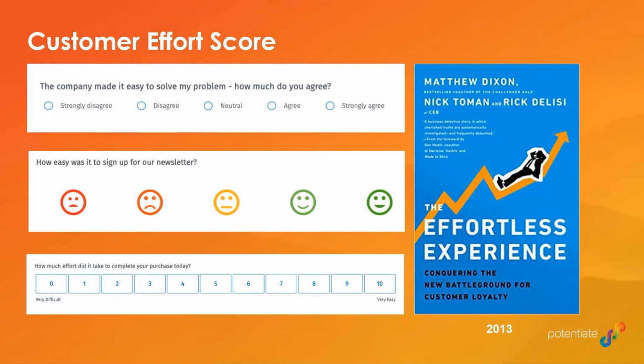And the customer effort score doesn't have just one version, so you can ask it 0 to 10, strongly disagree to strongly agree. We can use the emoticons. There is a useful book talking about why the effortless experience is so important. I certainly recommend having a look at that. And that was another dimension to the customer experience.